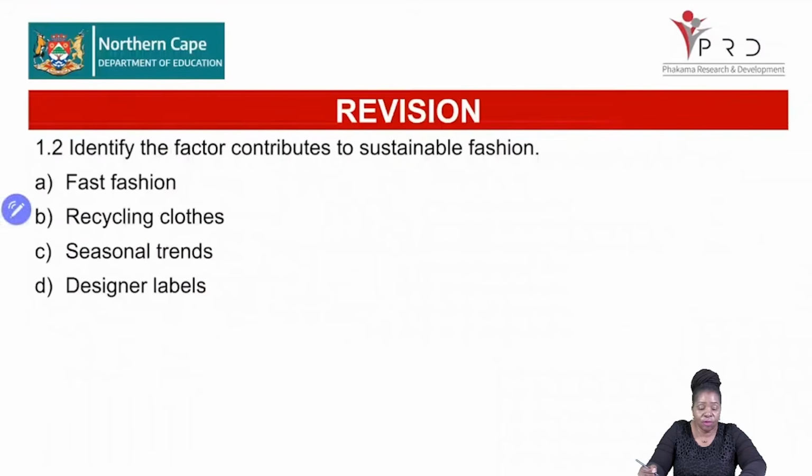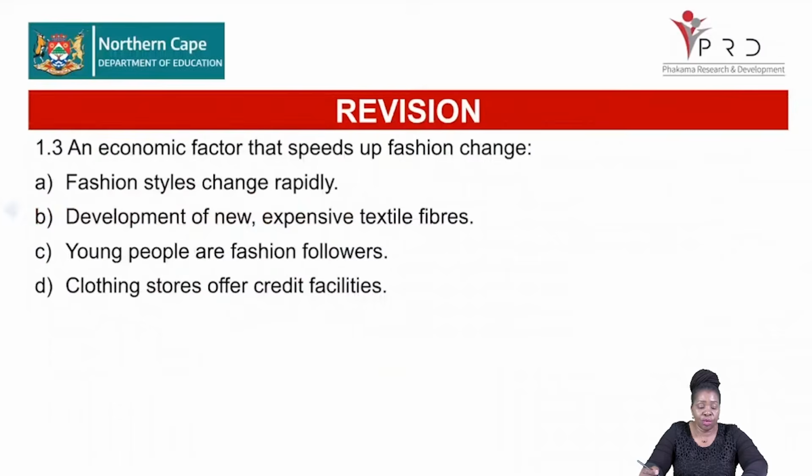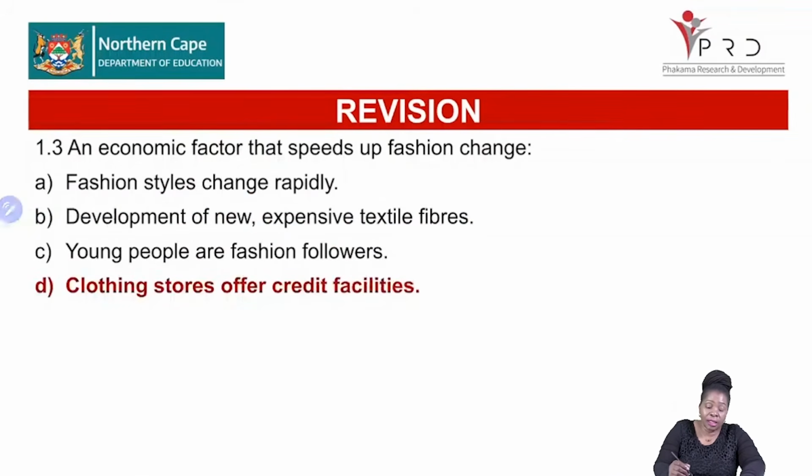Then we move on to 1.2, which says identify the factor that contributes to sustainable fashion. Our answer there is recycling of clothes, so it's B. We go on to question 1.3, which says an economic factor that speeds up fashion change is that clothing stores offer credit facilities.